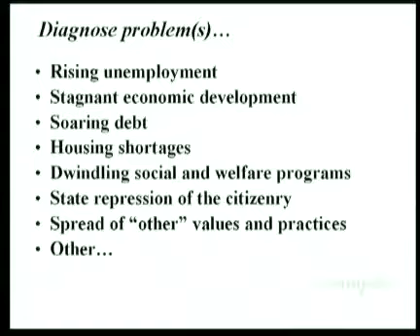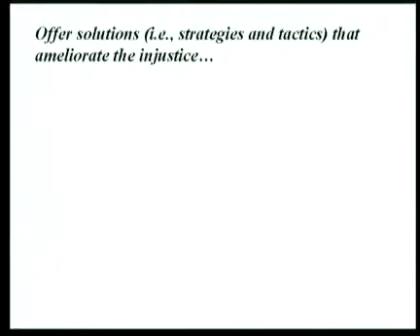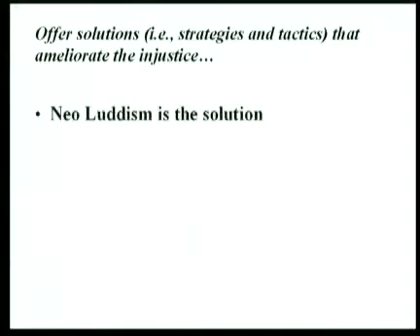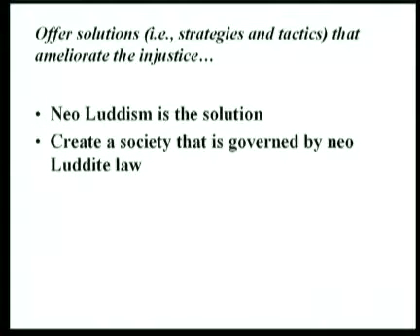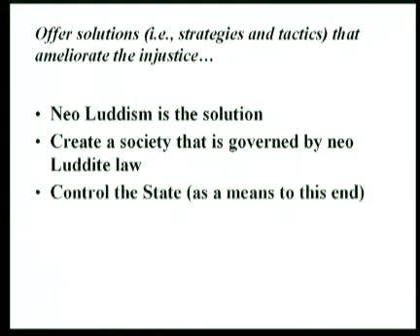But these are meant to be examples, if you will, of what the neo-Luddites see as the problem associated with this evil technological progress that they're countering. Solutions that they offer to ameliorate the injustice is, first of all, neo-Luddism is the solution. Let's create a society that's governed by neo-Luddite law, and let's control the state as a means to that end.